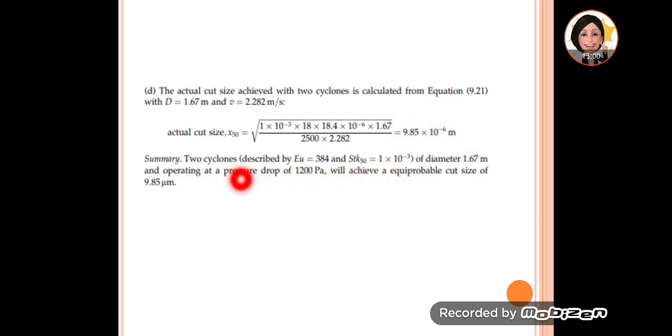So in summary, 2 cyclones with a high efficiency and these Euler and Stokes 50 constants. The diameter required is 1.67. It operates at 1200 Pascal and achieves an equiprobable cut size of 9.85 micrometer. So that's how we solve this question.